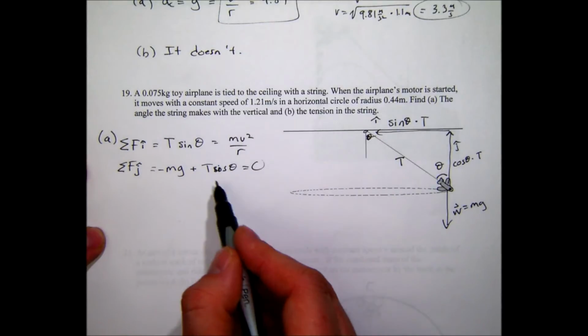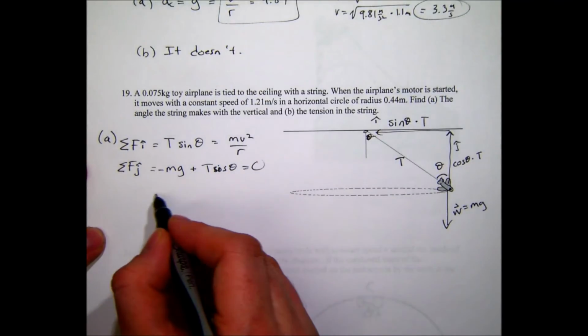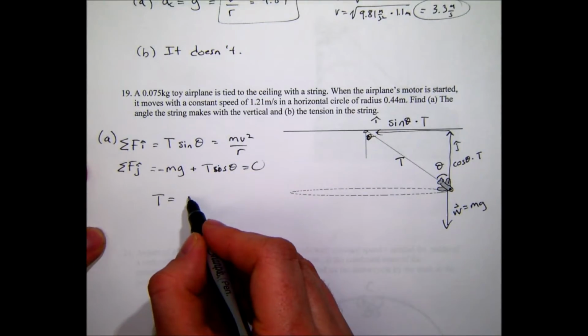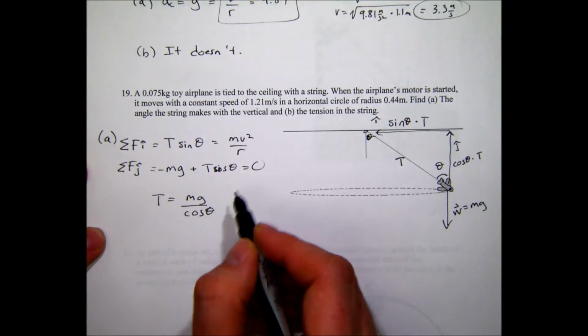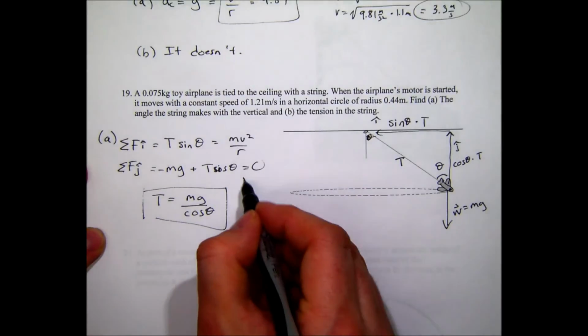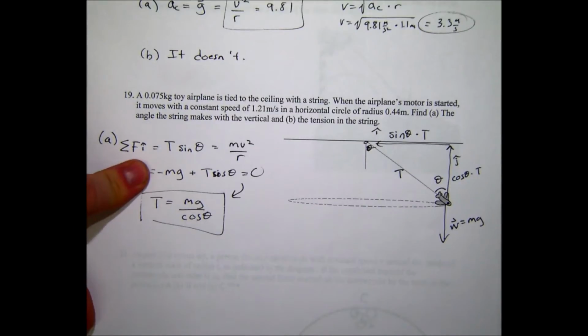So I'm just going to rearrange this equation and solve for T. So T is equal to mg over cos theta. So that's me taking this equation here and just rearranging and solving it for T.